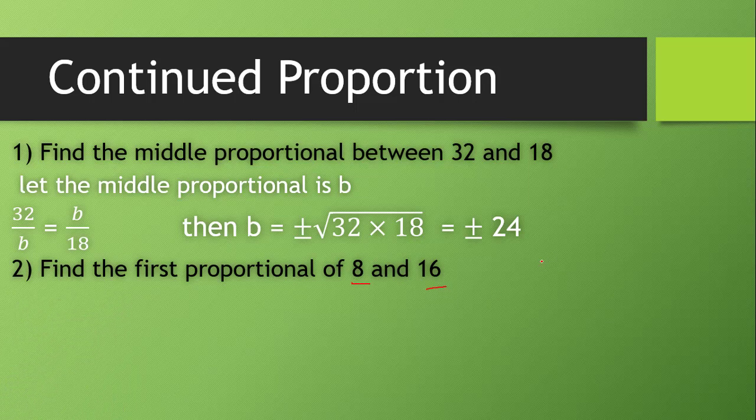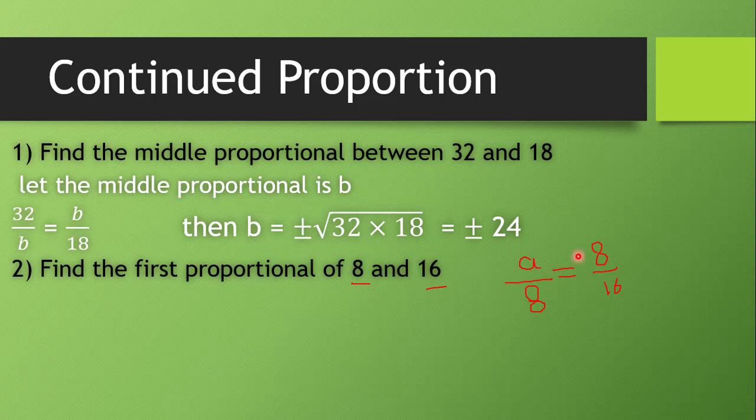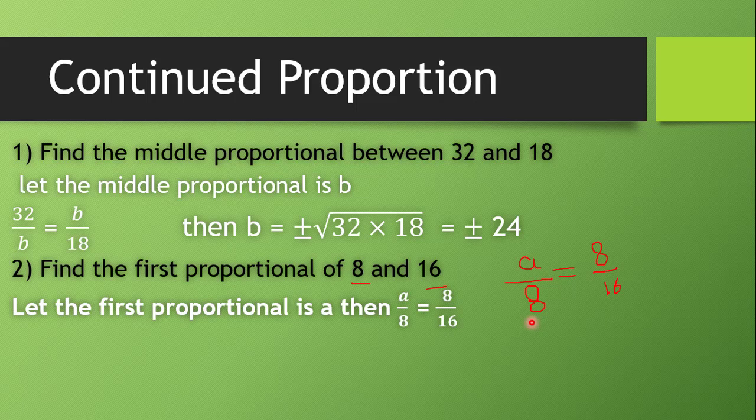The first proportional is A. I don't know A, but the middle proportional is 8, so A over 8 equals 8 over 16. To get A, I'll multiply 8 times 8, then divide by 16 using cross product. So A equals 8 times 8 over 16, which is 4.